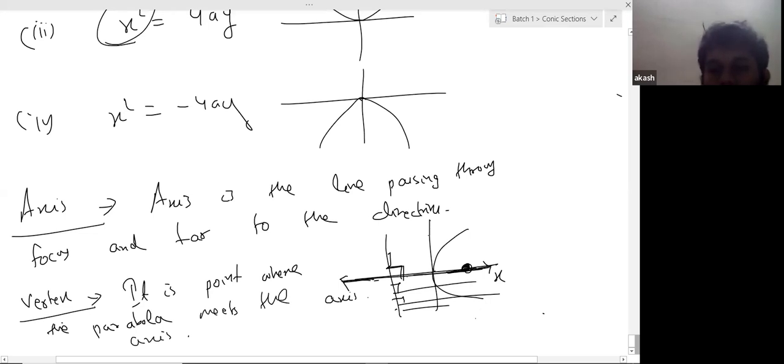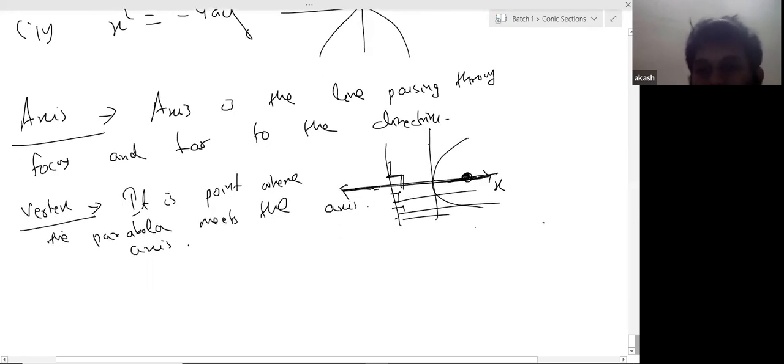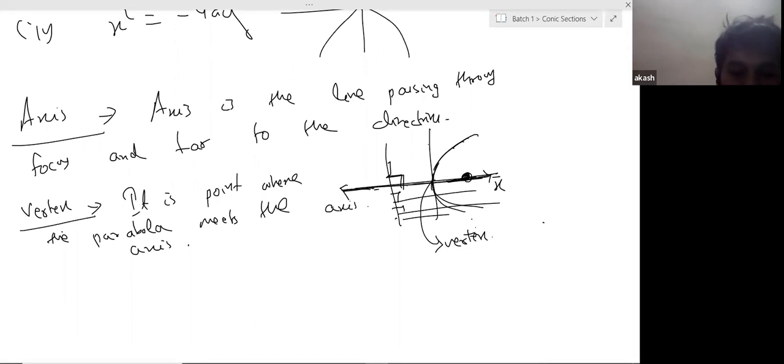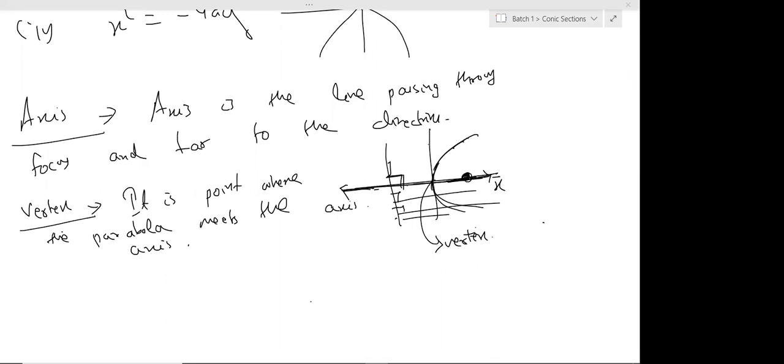This is the axis. This is the parabola. Where it meets is the vertex. Write it down. Clear till now?